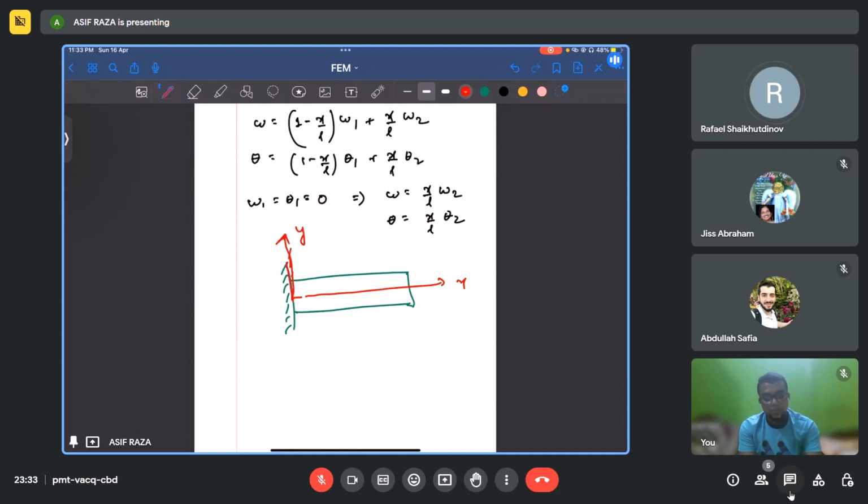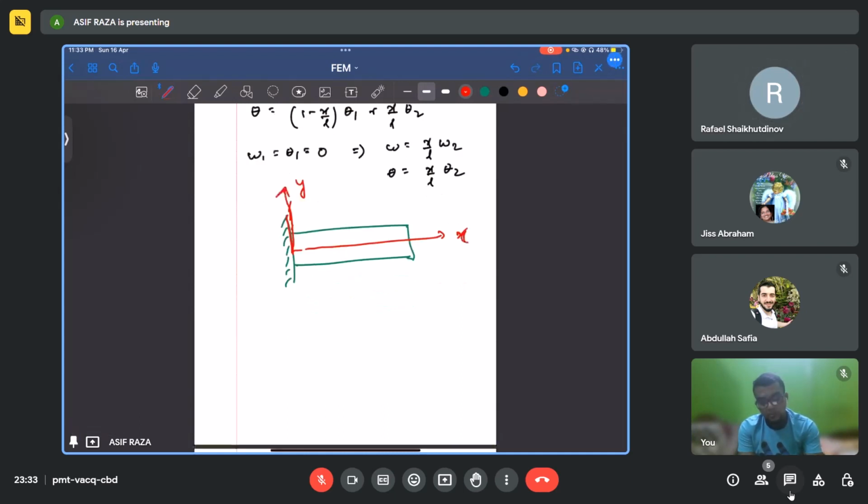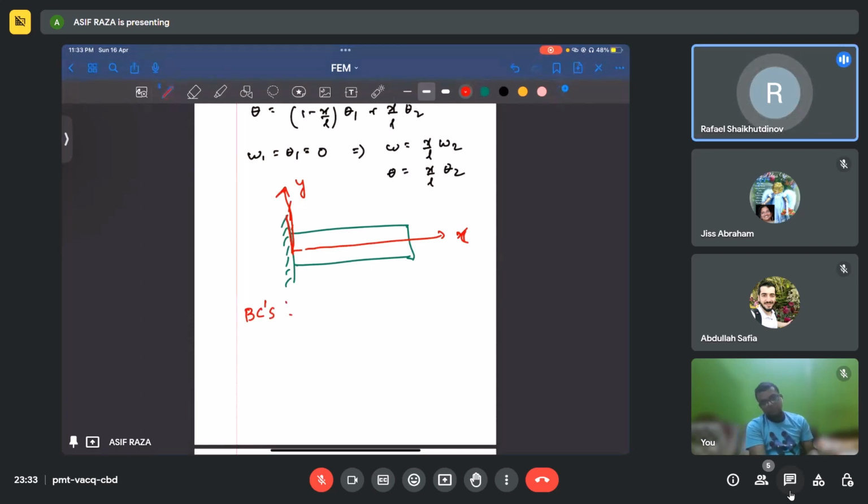What are all the boundary conditions we normally take for this case? I'm asking for just the cantilever beam displacement. For a cantilever beam in the theory of elasticity. For Euler-Bernoulli, we just say y is equal to 0, y prime is equal to 0 at point 0.